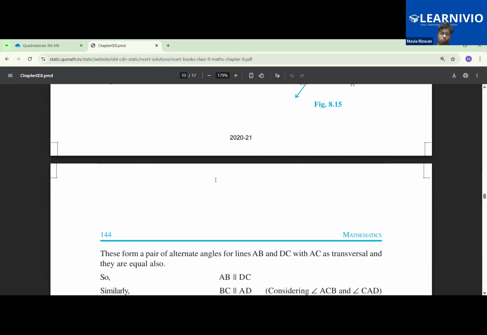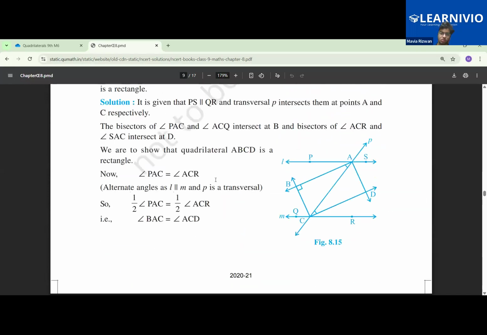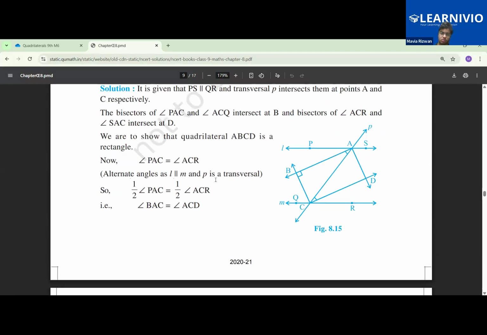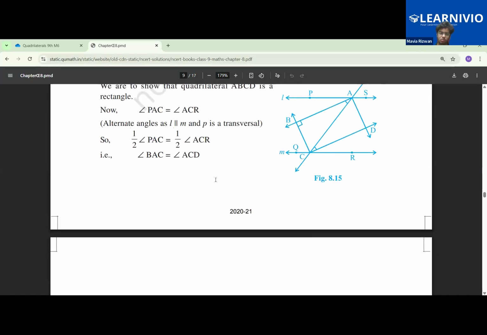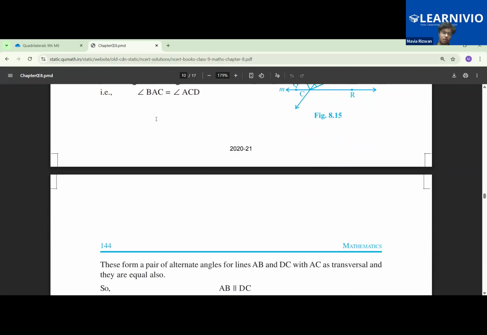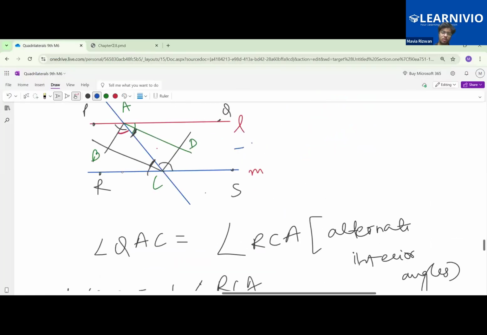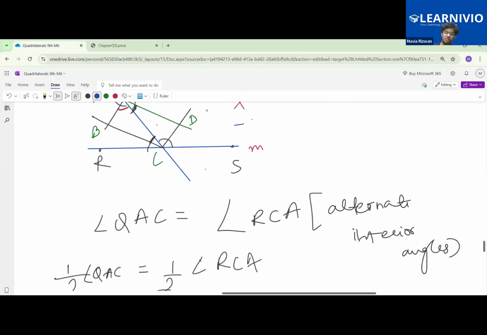The book way is difficult, and it might confuse you. See, guys, what we can do here is take this angle B. I will prefer this one.